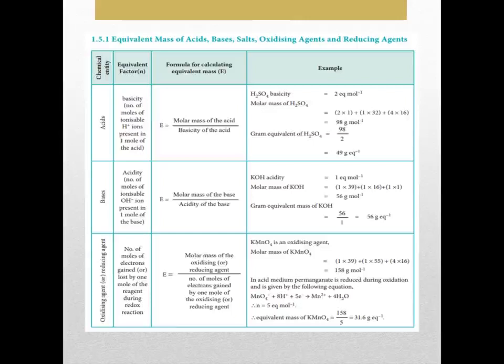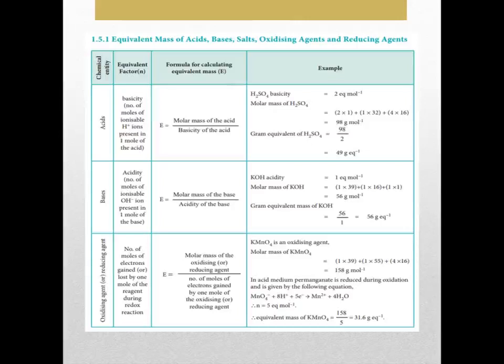So 2 into 1, plus S, only 1 sulfur, so 1 into 32, as 32 is the atomic mass of sulfur, plus 4 oxygen atoms, so 4 into 16. Multiplying and adding gives 98 gram mole inverse. Now divide by 2, the basicity of H2SO4, 2 equivalent mole inverse. The answer is 49 gram equivalent inverse.